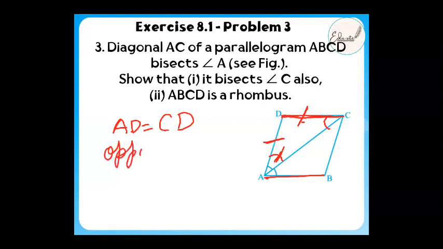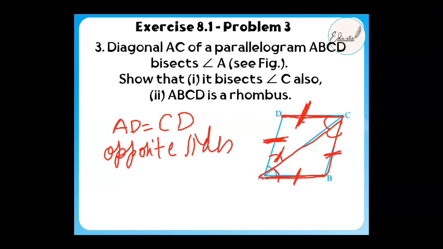Opposite sides of equal angles are equal. If this is equal to this, then in this triangle as well, we can prove that if this angle is equal to this angle, then the opposite sides of these equal angles are equal. So the side BC is equal to AB.